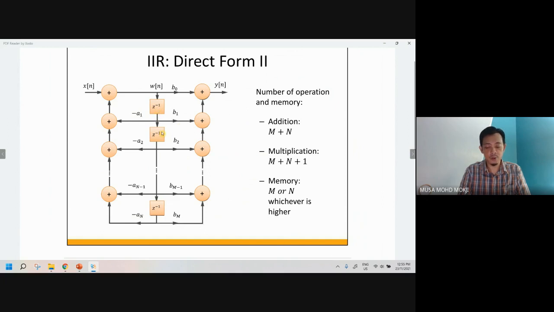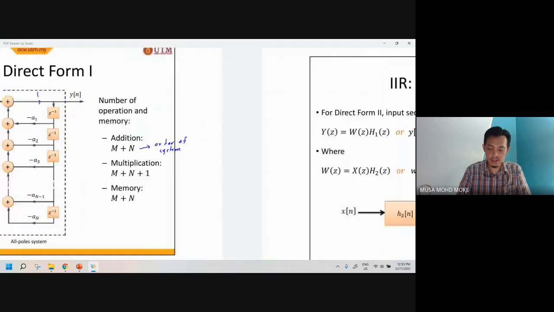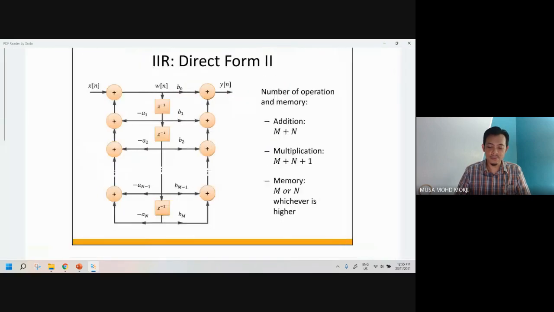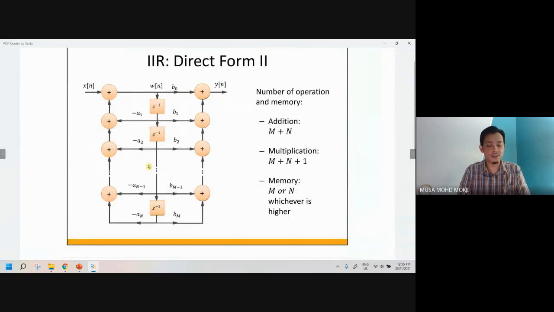Instead of having this part of memory for the input sequence and this part of memory for the output sequence, we can combine these two and put it like this. So we reduce the memory by half. You just need to draw it in this form.